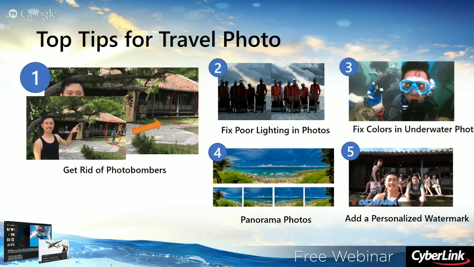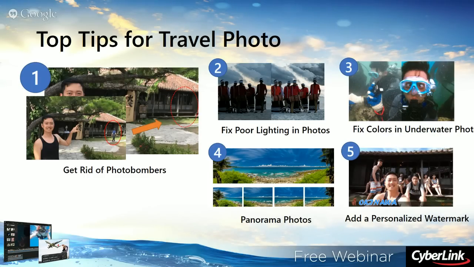And the fourth tip is that in some stunning places, like if you're going to the Grand Canyon, you can take some panorama shots. I know most phones nowadays are able to capture panorama photos, and even my Google Album is able to create auto panorama photos for me.